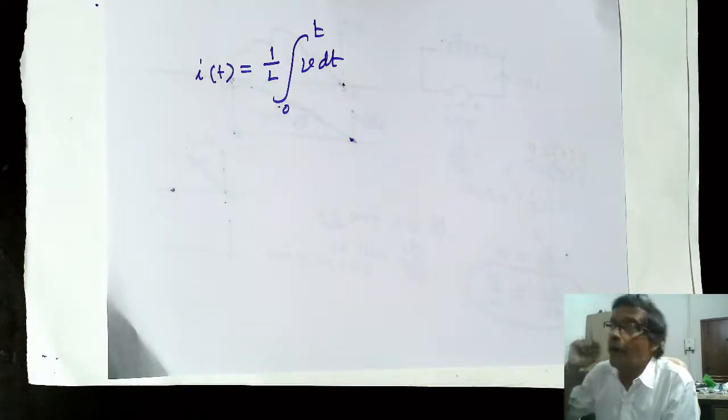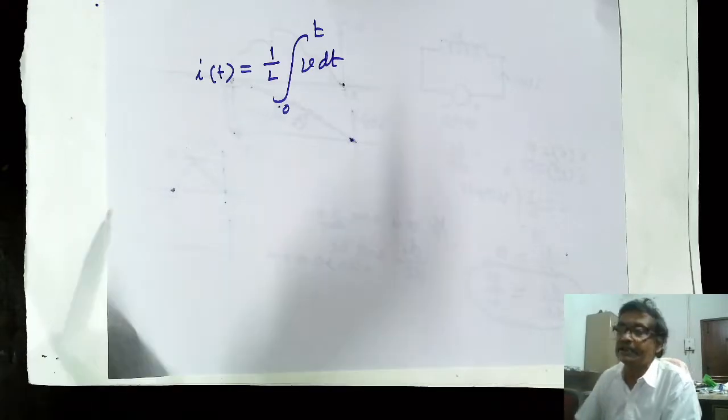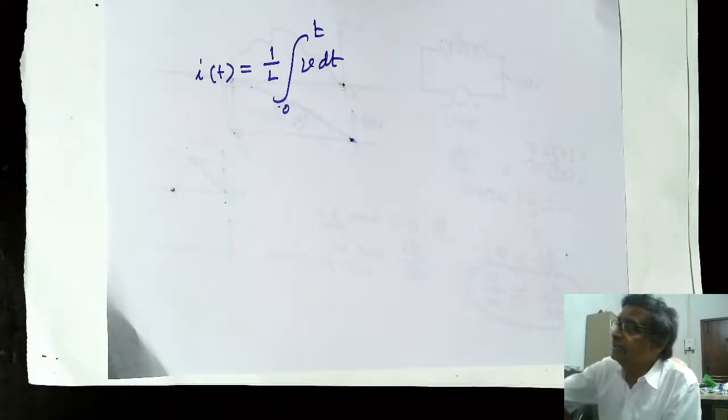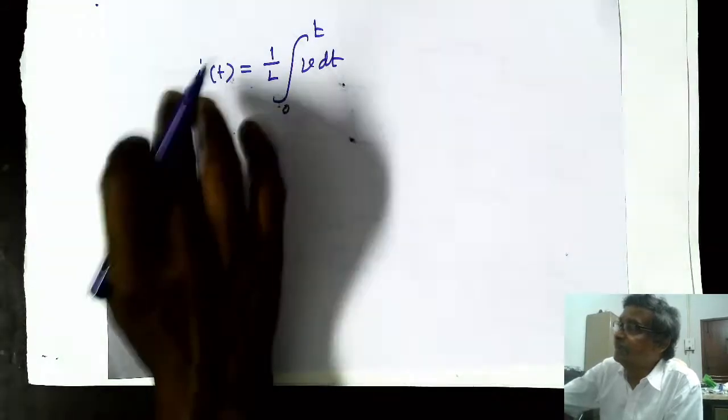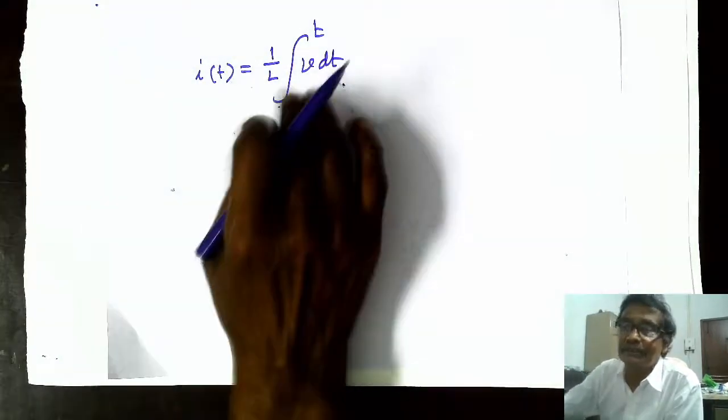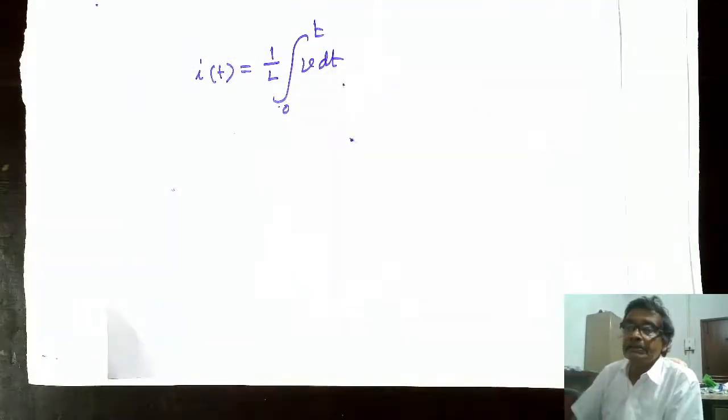I want to pump 5 ampere current in the inductor. Looking at this equation, you see the current value depends upon the volt second, is it not?